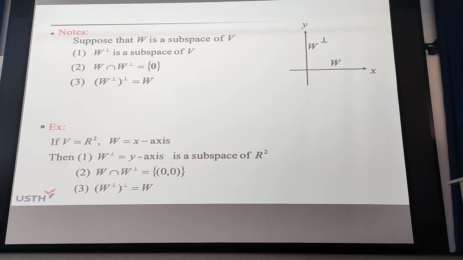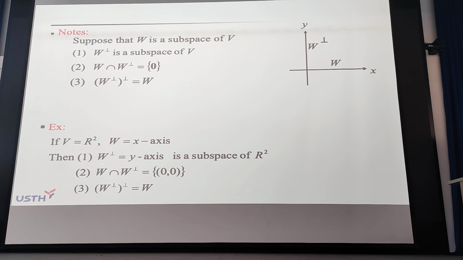And here is some example for you to see, which may be easier than the picture I showed you in the previous slide. Now, if you consider R2 and we consider the X axis to be W, that is a subspace, then its orthogonal complement will be the OY axis. And if we consider V to be that, then you see W to be here and W perpendicular to be here.